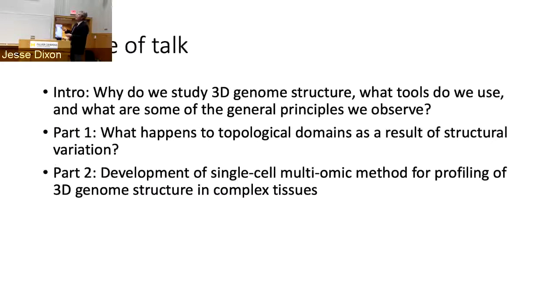And so now I'll go on to the second part of the talk, which is really a method development. This is something we've been doing in collaboration with Joe Ecker's lab at Salk. It's a method for trying to do better profiling of 3D genome structure in actual patient samples, or tumor samples or tissue samples from real individuals that are complex heterogeneous mixtures.